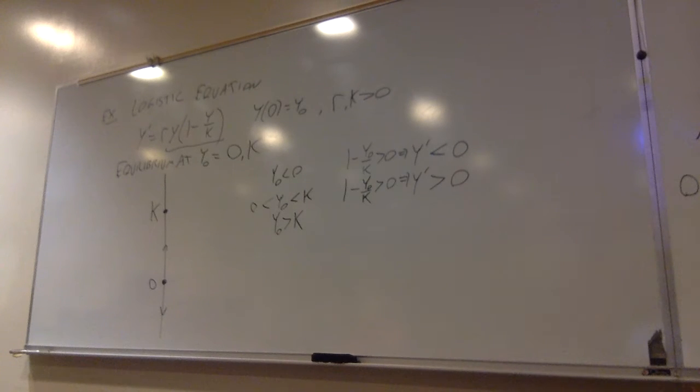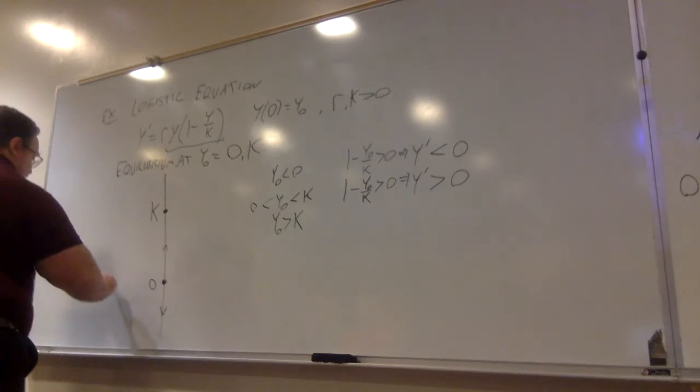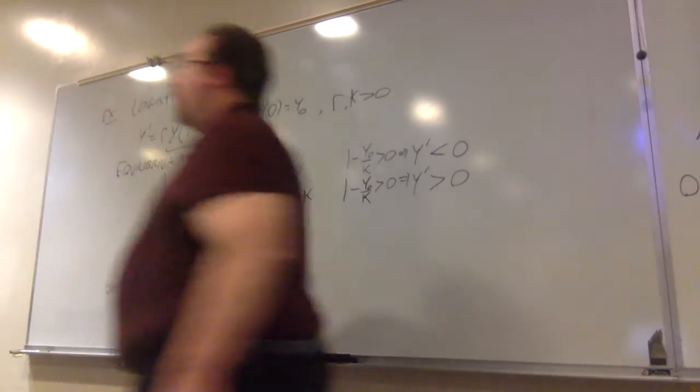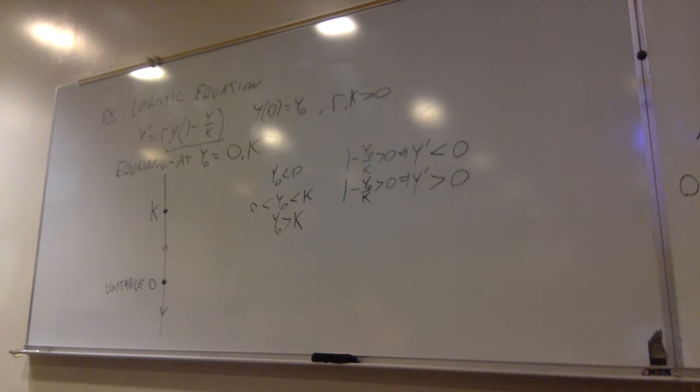Can we make any conclusion about stable or unstable or semi-stable about any equilibrium right now? Yeah, 0 is unstable because both the arrows are going away from 0. We do not yet know about k because we have one more case to consider.